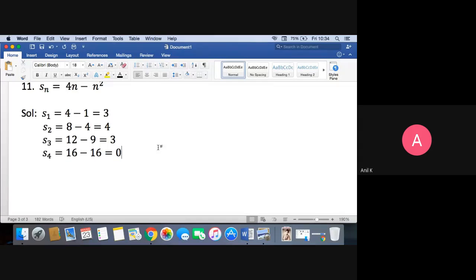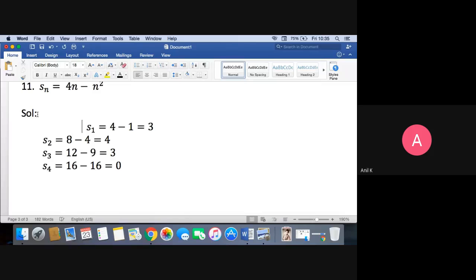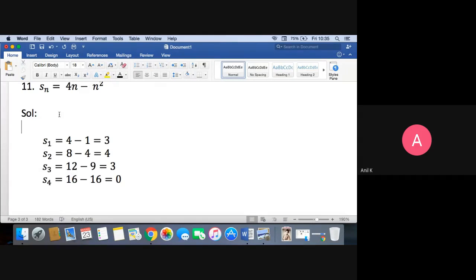These values will continue. Now before this step, let me put here: if my AP is there, generally we discuss my first term is A, second term is A plus D, third term is A plus 2D, fourth term is A plus 3D, and fifth term is A plus 4D.